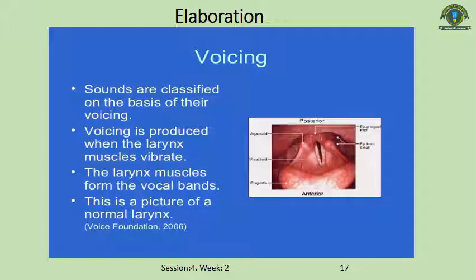The air passing through that area causes some sort of vibration. And number 3 you must remember is the larynx muscles form the vocal bands. We can call them vocal bands. So there is a simple philosophy, and these are the concepts behind voicing. But we can elaborate it further.